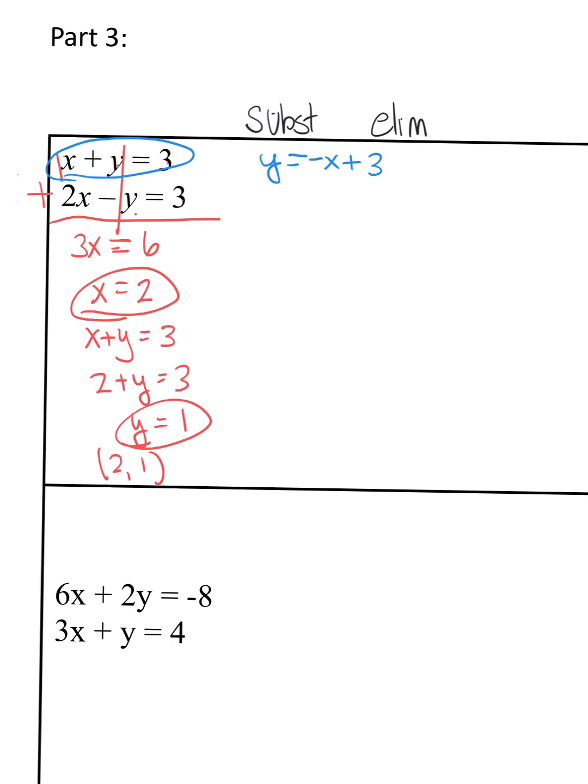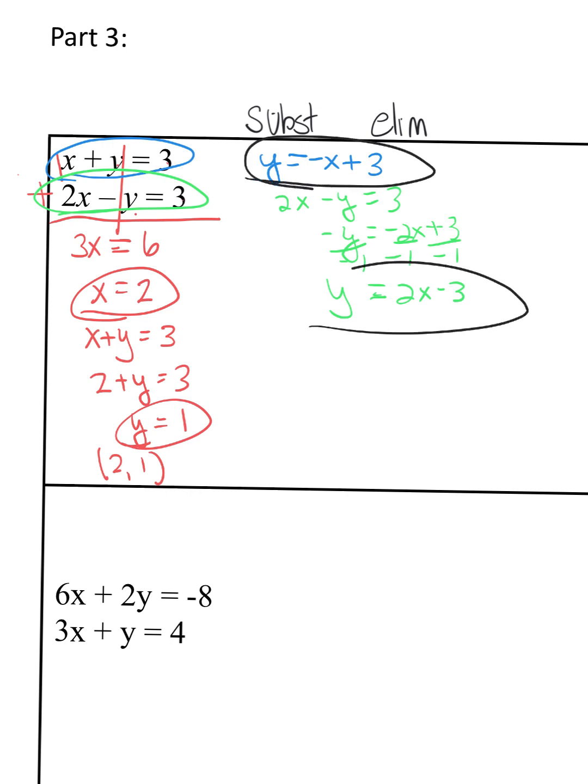If we take the second equation and solve it for y, we would have to take the 2x over to the other side and then divide everything by negative 1. And now we have two equations that are in y equals form, or slope-intercept form.